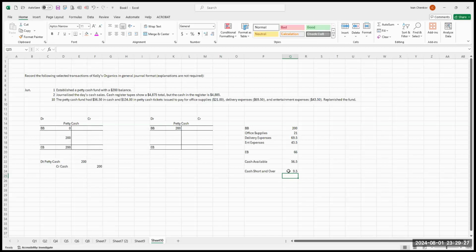So our actual spending is not $134, it's $143.50. That's what we have to do. We're going to put that money back. So our spending is 134 plus $9.50, 143.50. That 143.50 we have to add back to the cash in order for petty cash to have $200 again. And that's how this works.